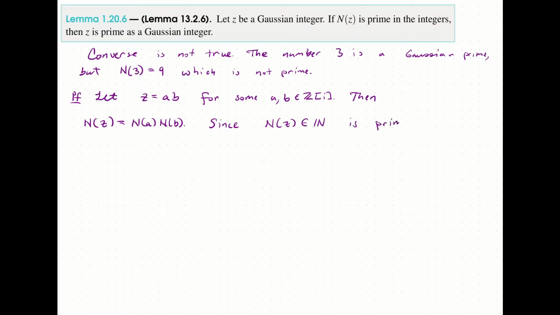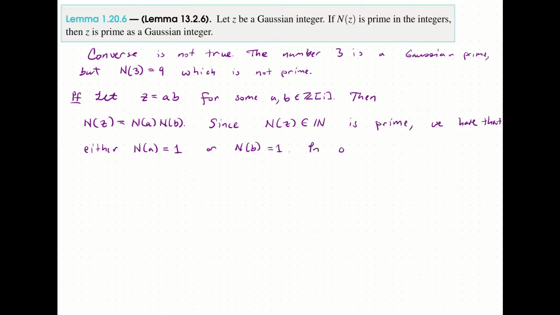Since this is prime, we have that either the norm of a is equal to 1 or the norm of b is equal to 1.